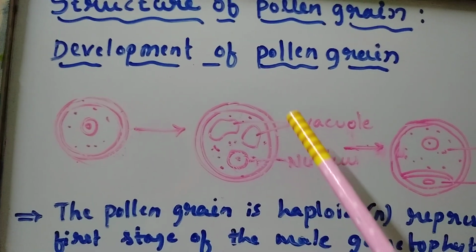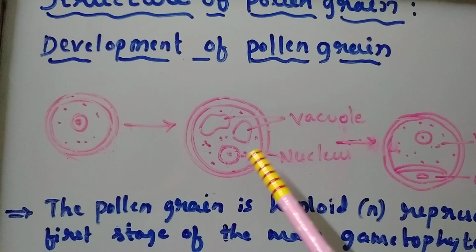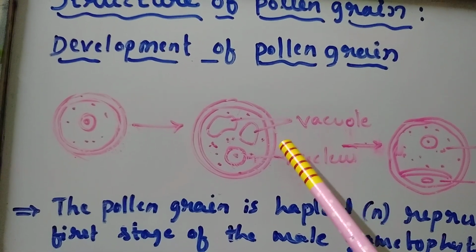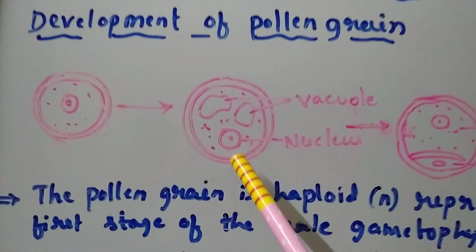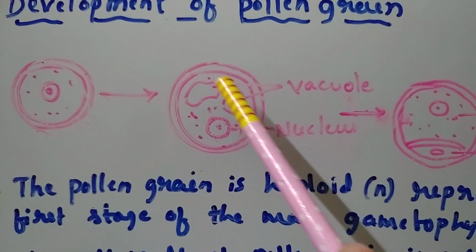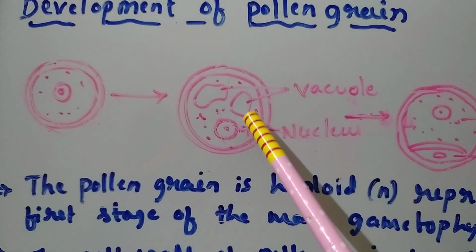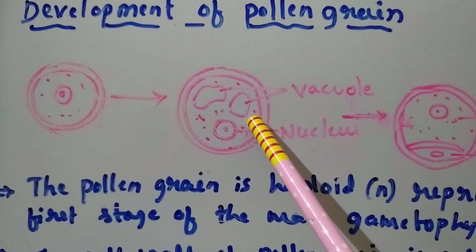In the first stage of development of pollen grain, there is an enlargement of the cell. Inside this, what is present? Nucleus, and these are the vacuoles, and here inside you can see the presence of cytoplasm.